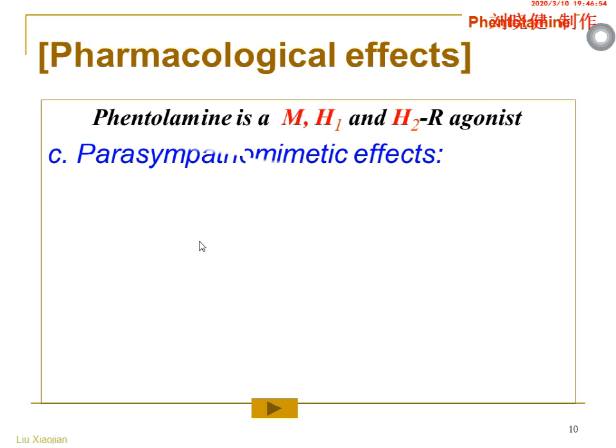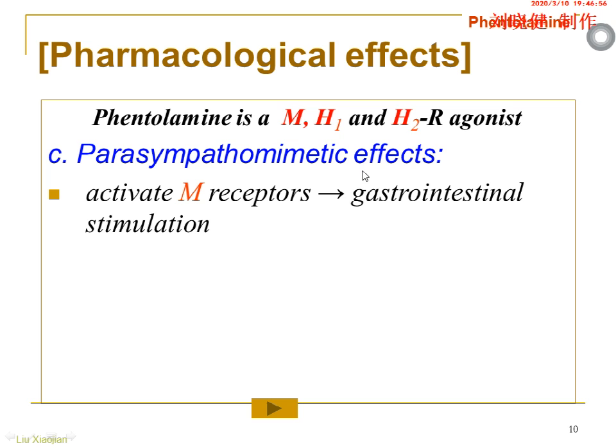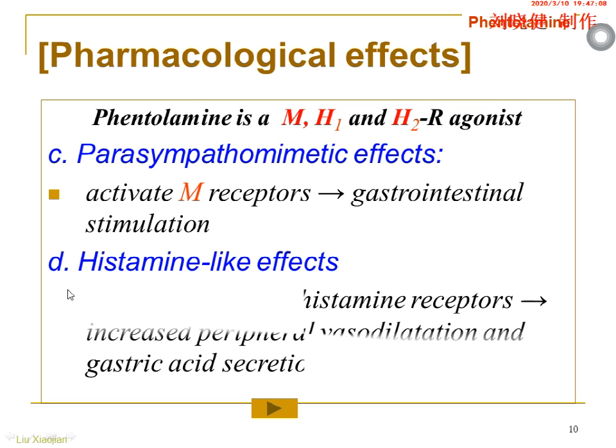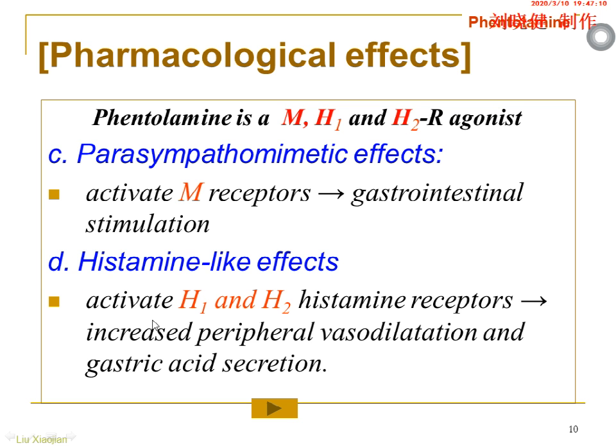So it induces parasympathetic effects similar to the effect caused by acetylcholine, especially on the GI tract, with gastrointestinal stimulation, and histamine-like effects because it can activate histamine 1 and 2 receptors, increasing peripheral vasodilation, because especially this H1 receptor also mediates vasodilation.